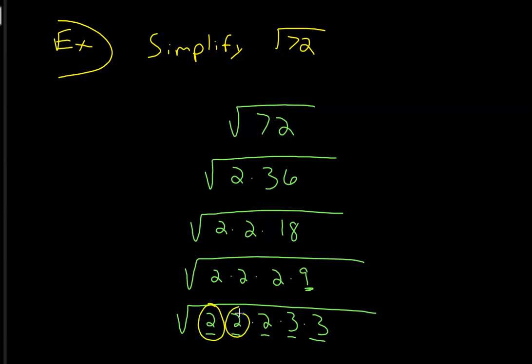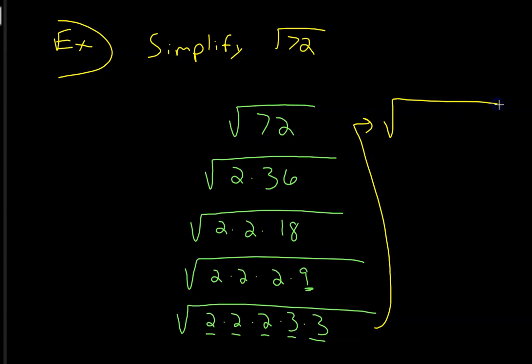Let me write a new example, just in case I need more space. So I'm going to put it up here, with the same numbers, I'm just going to rewrite it. 2 times 2 times 2 times 3 times 3. So again, these two 2's are one pair of identical numbers, so they come outside.